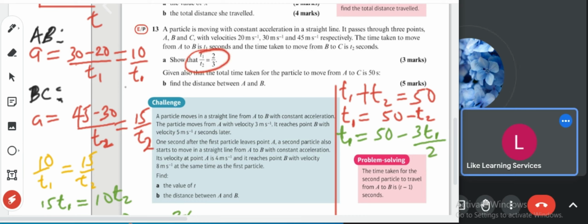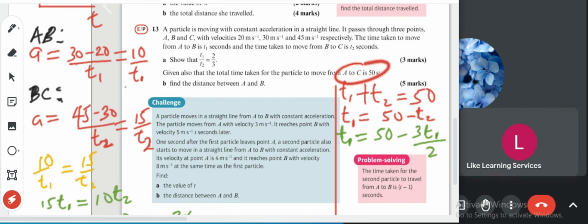We never found its value in particular, we just found a relationship connecting them. And what we are also given is A to C, which is the total time. Because A to B is T1 and B to C is T2, A straight to C is T1 plus T2, which is 50. Now I decided to make T1 the subject of the formula because the question is the distance between A and B, where you have T1.